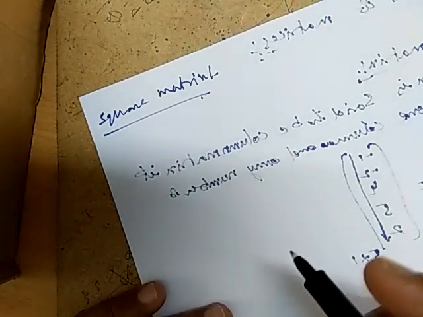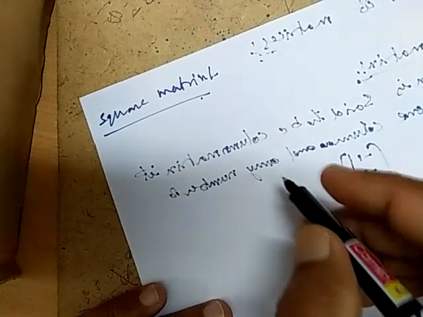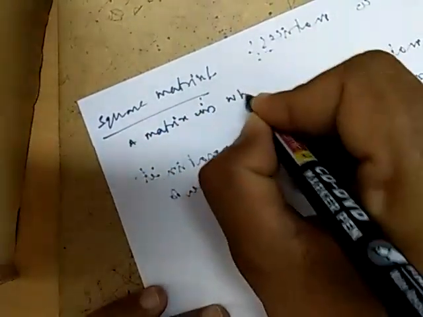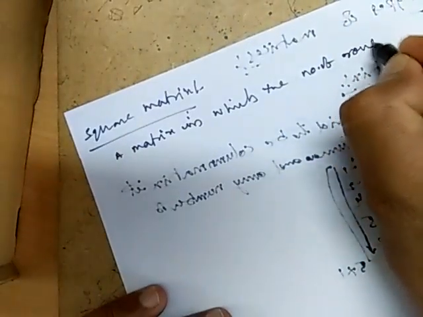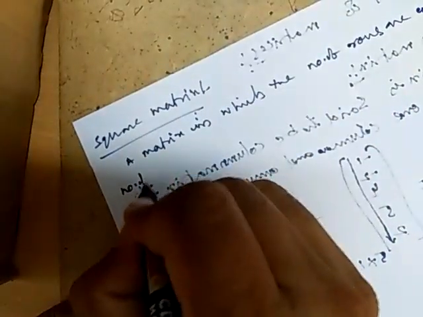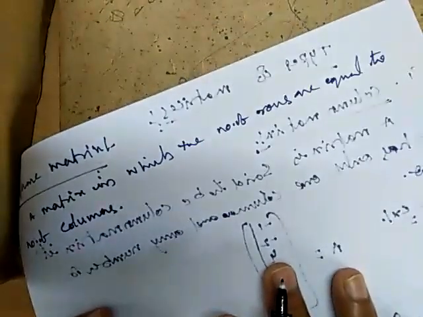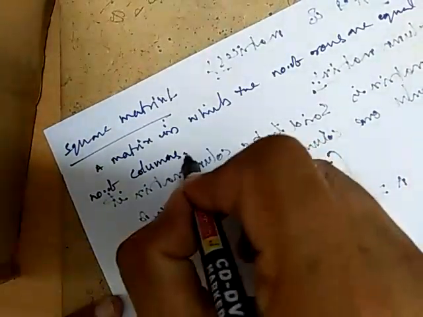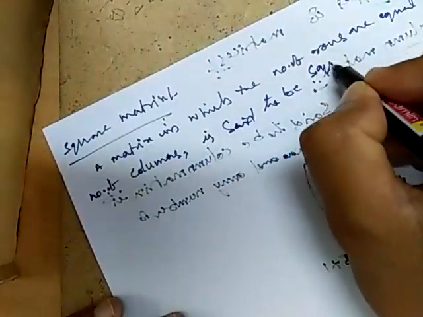A matrix in which the number of rows is equal to the number of columns is said to be a square matrix.